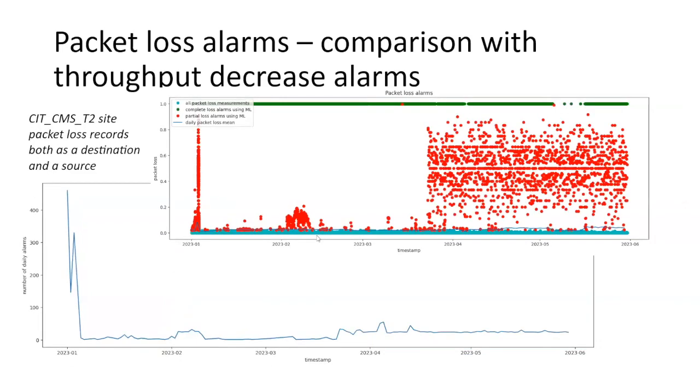And another example is the CIT CMS site, where we have some troubles visible for packet loss measurements, but we haven't been seeing them for throughput measurements. So this is an interesting thing, and we can explore it more later.